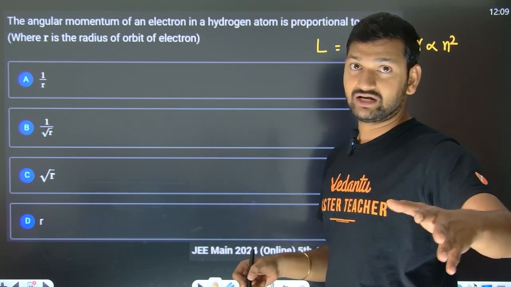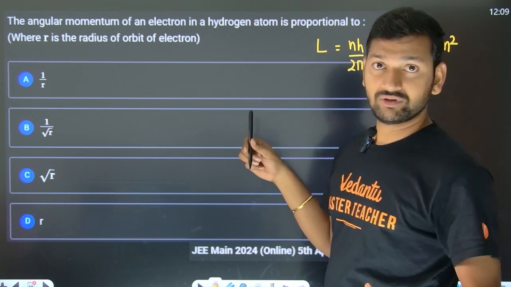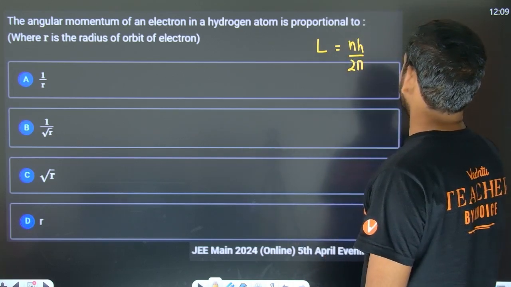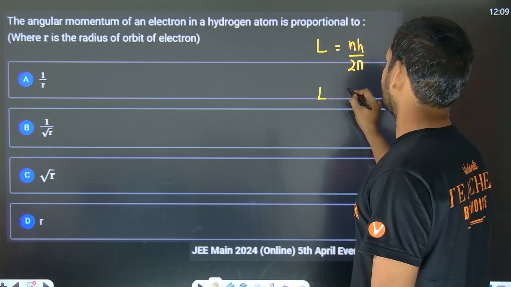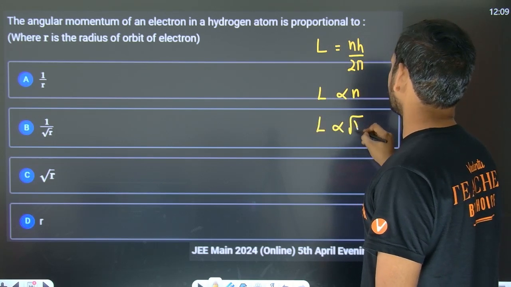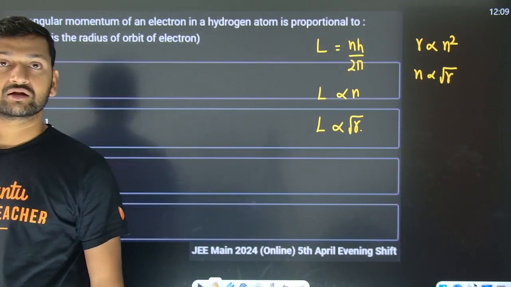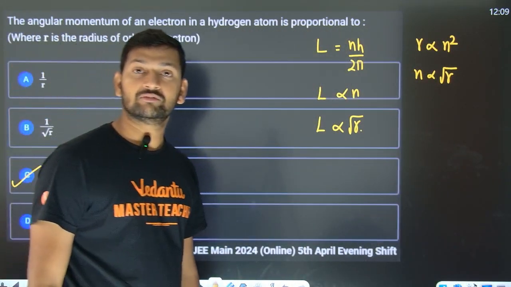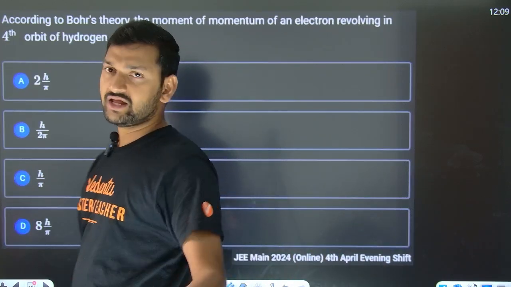By Z I won't write, because anyway they are talking about hydrogen, so Z is going to be 1. Then from here, can I say n is proportional to root r? So L is proportional to n, and n is proportional to root r. So the angular momentum is proportional to root r. That's it. It's just playing around with these things.